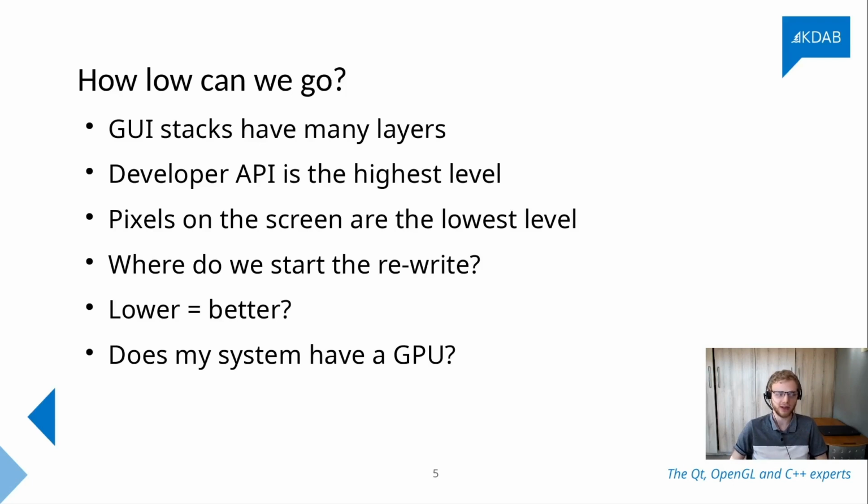That's kind of the goal. You write your code in the API, and what you're expecting back is pixels on the screen. You don't necessarily care about what's in between. But the question here is where do we start rewriting? Is lower necessarily better? Do we actually want to write everything from pixels to API purely in Rust?